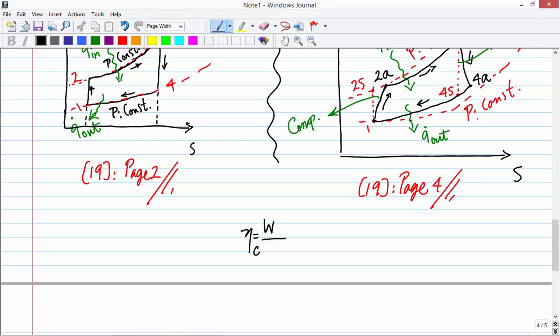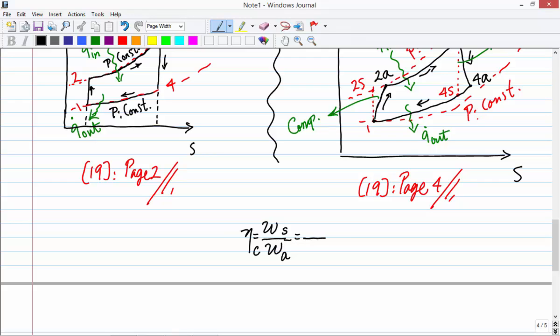So let's say W isentropic, ideal, divided by W actual, right? And actually these are little w, so it's per mass. W isentropic divided by W actual.